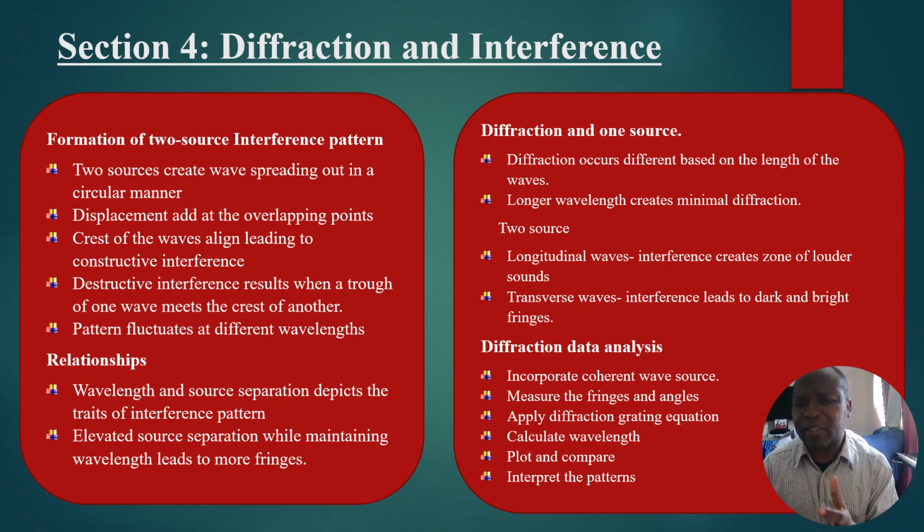In a diffraction grating, the path difference between adjacent slits determines the maxima observed. Analyzing diffraction data involves measuring fringe positions, calculating fringe spacing, and applying the relevant formula to determine wavelength.